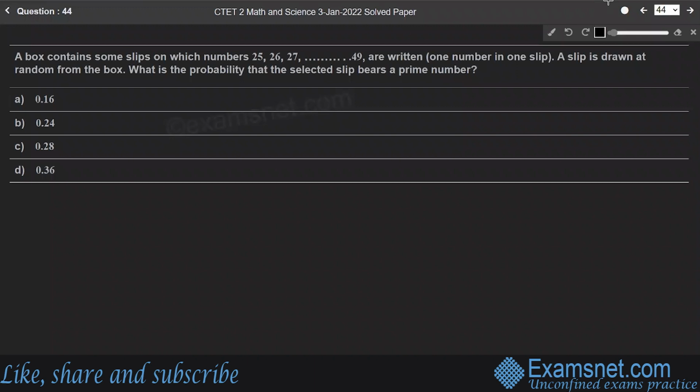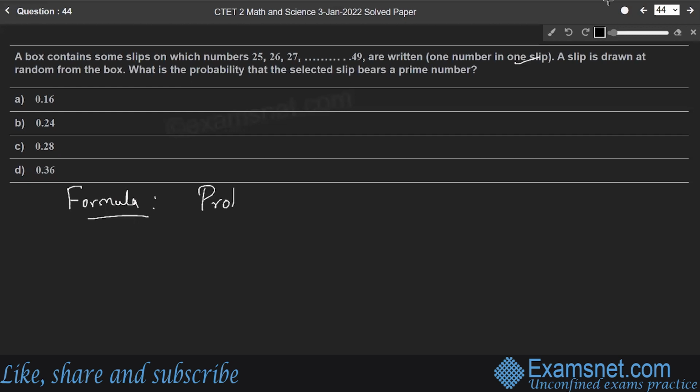Question number 44. A box contains some slips on which numbers 25, 26, 27, so on up to 49 are written. One number in one slip. A slip is drawn at random from the box. What is the probability that the selected slip bears a prime number? So here we are using the formula of probability.